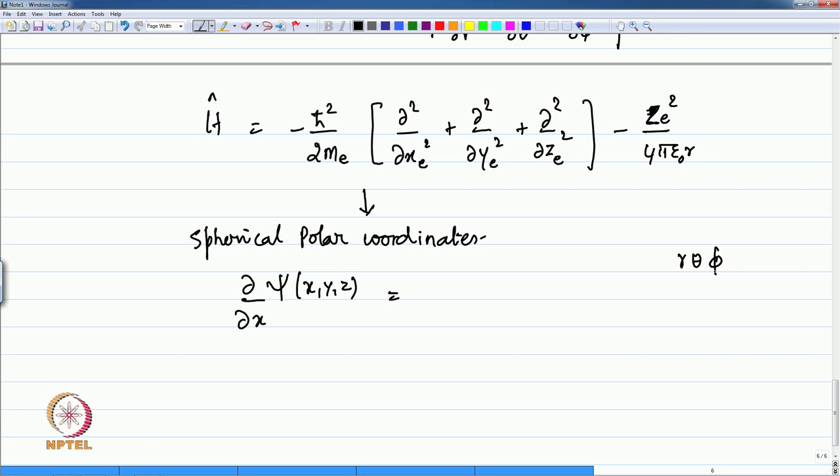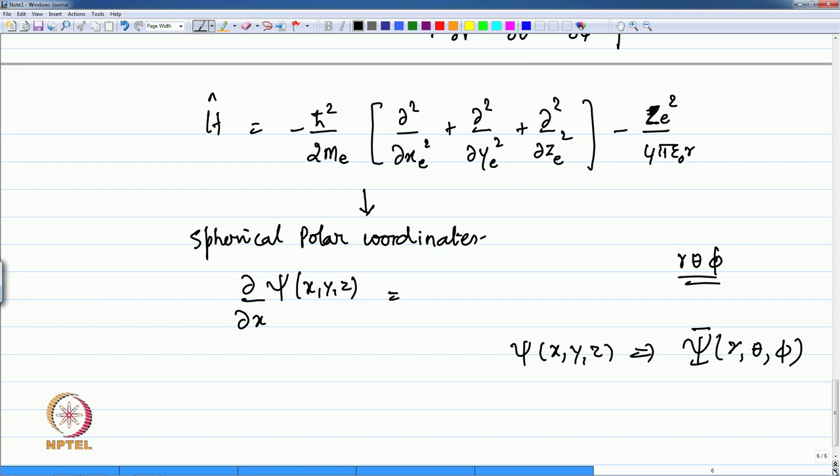If we have to express psi in terms of r theta phi, the derivatives are expressed using the partial derivatives of the coordinates with respect to the new coordinates. So, for example, dou by dou x of psi, if you wanted to write the wave function in polar coordinates, psi of x, y, z is replaced by the corresponding substitution of x, y and z using r, theta, phi.